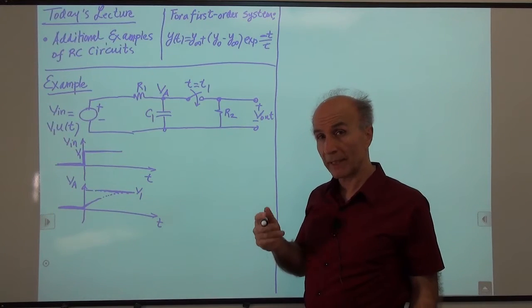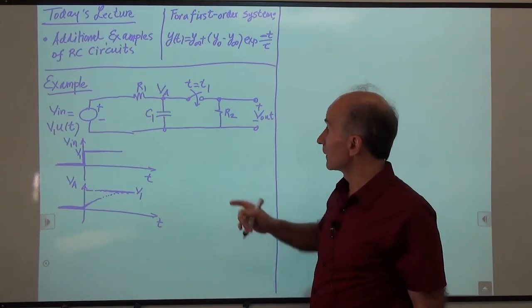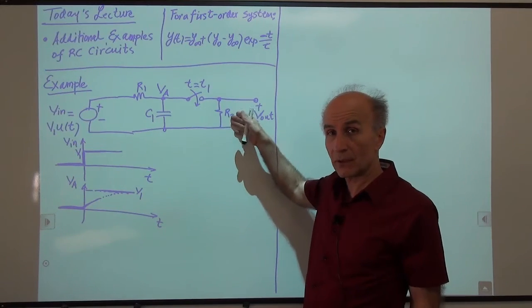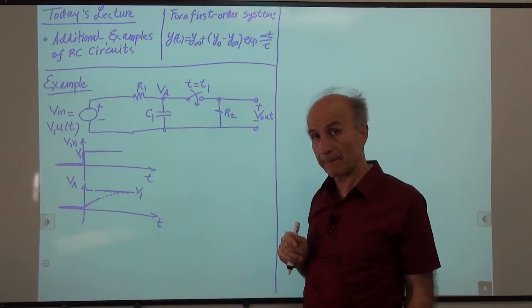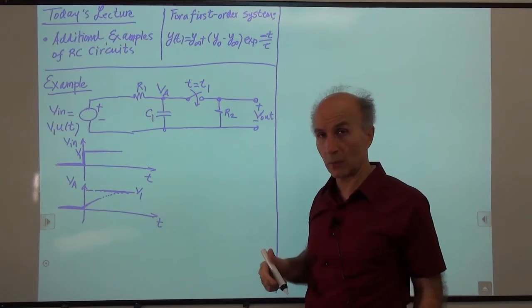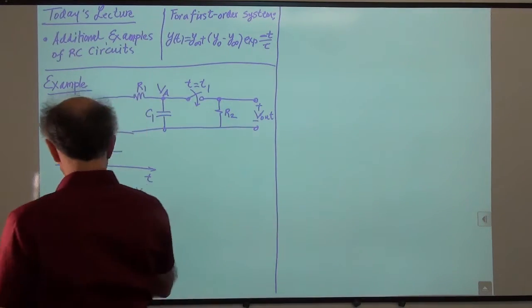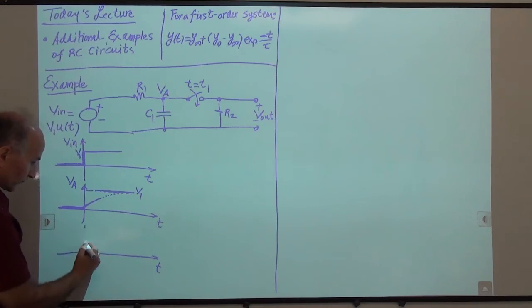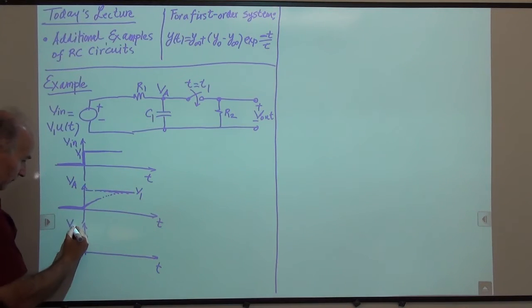Okay, so that's what we imagine should happen. Now at some point at time t1, this switch closes, it turns on, and introduces this resistor into the network. All right, okay, so now let's try to sketch V out as well. V out as a function of time. Okay, 0 before time 0, nothing is going on in the circuit.